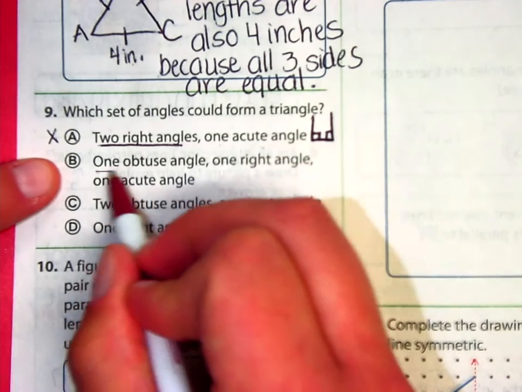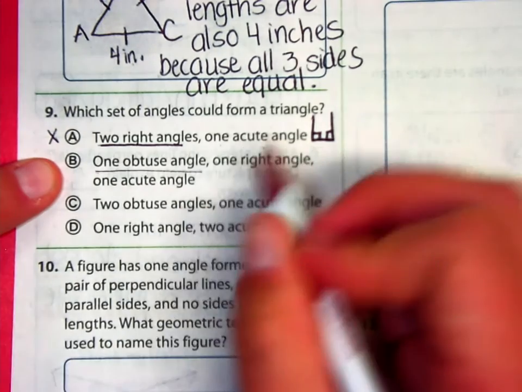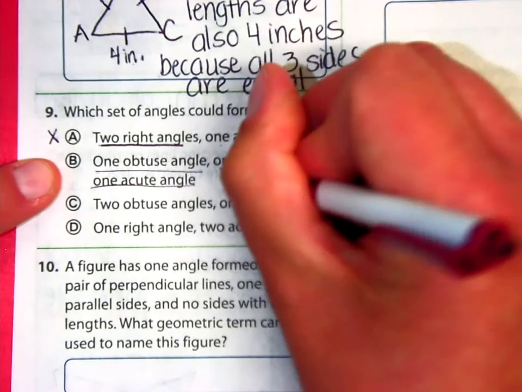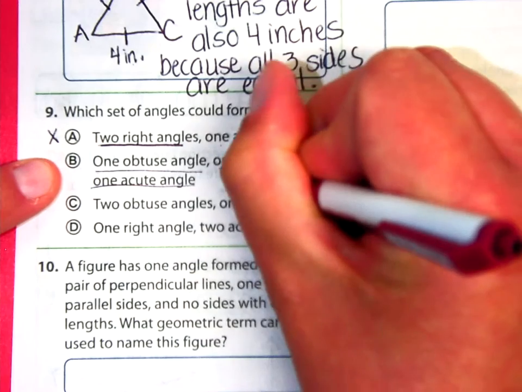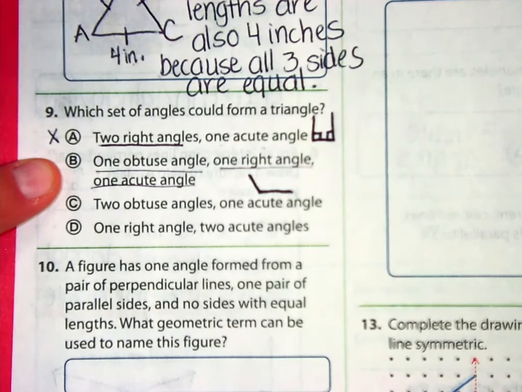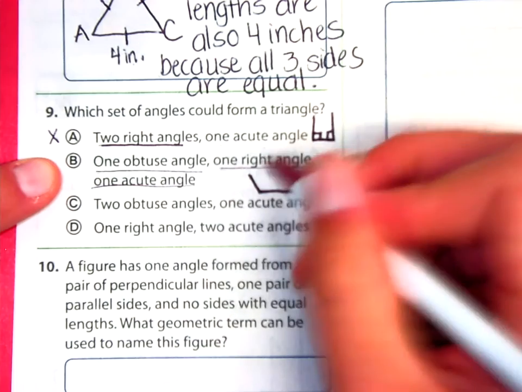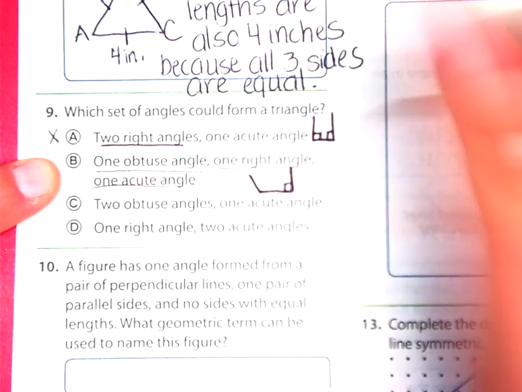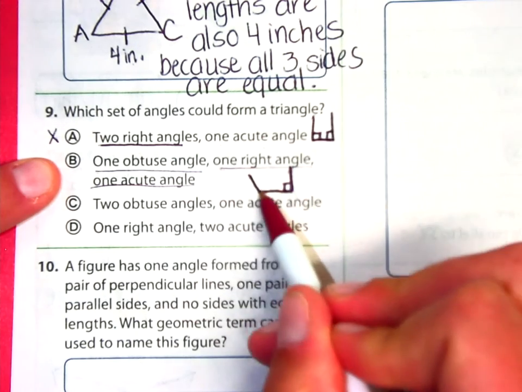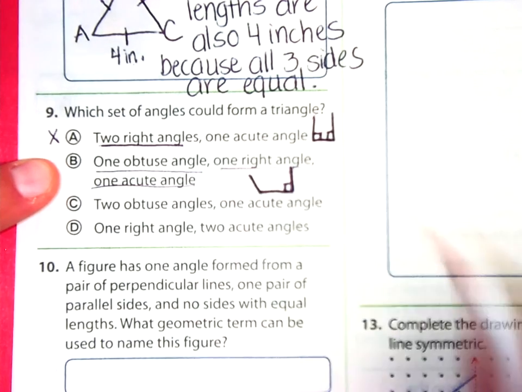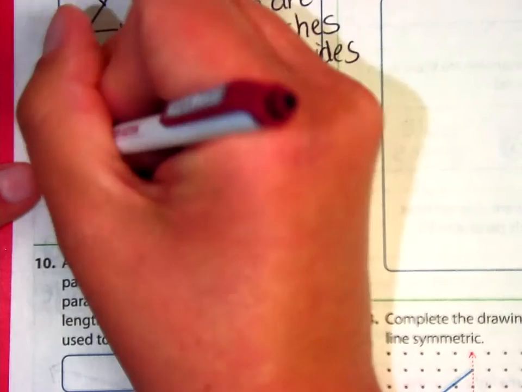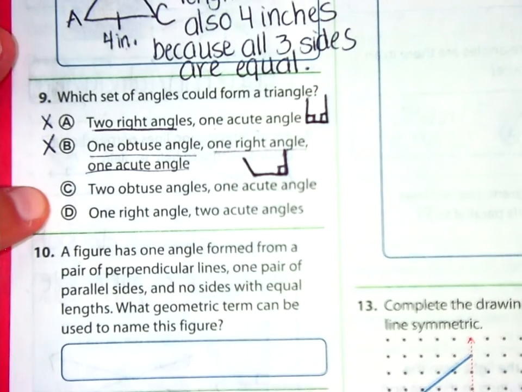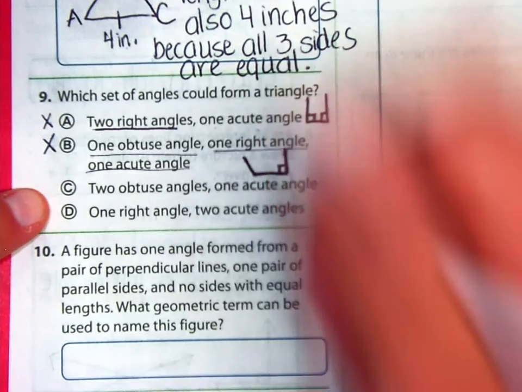B: 1 obtuse angle, 1 right angle, and 1 acute angle. I'm going to draw an obtuse angle. I know obtuse means it opens up greater than 90 degrees. And then I have 1 right angle. This is not a triangle, so B is incorrect. Now let's look at letter choice C: 2 obtuse angles.